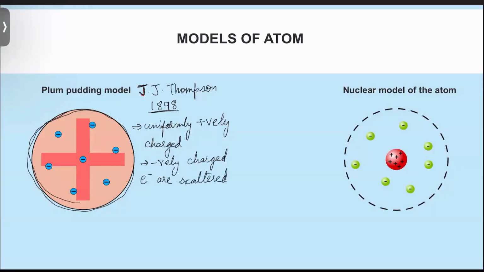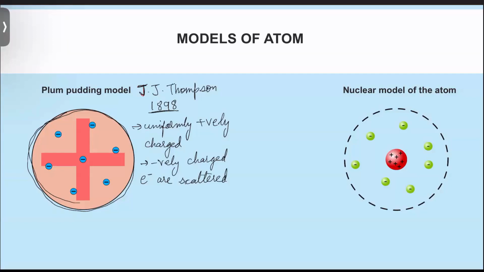Like we said in a plum cake, the fruits and the raisins appear to be scattered in the plum cake or plum pudding. So this is a similar analogy, and that is why this is called the plum pudding model.